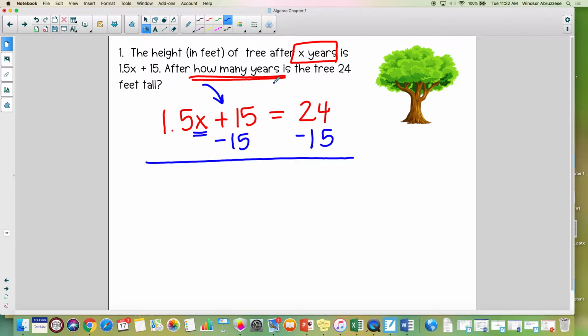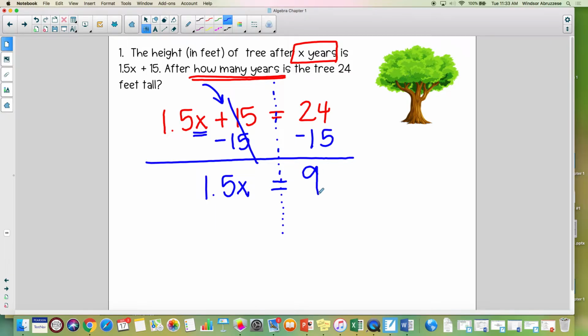Some students like to draw a line down the equal sign just so they can keep their notes straight and even. If I minus 15 on the left, I have to minus 15 on the right side of that line. So this eliminates the positive 15, and I'm left with 1 5/10 x equals 24 minus 15, which is 9.